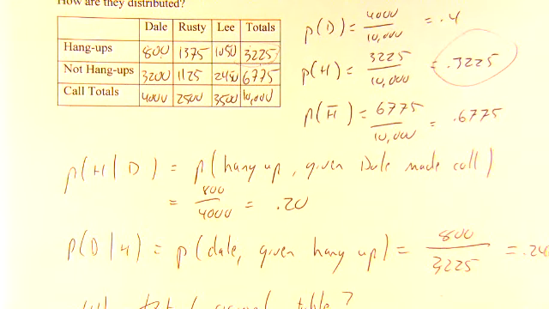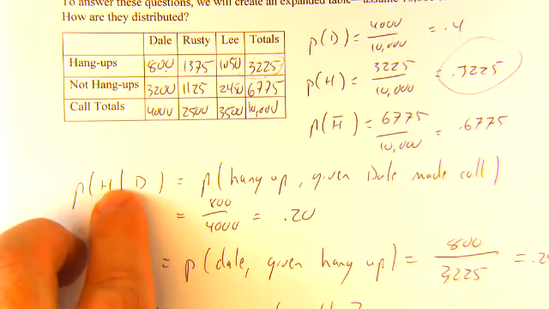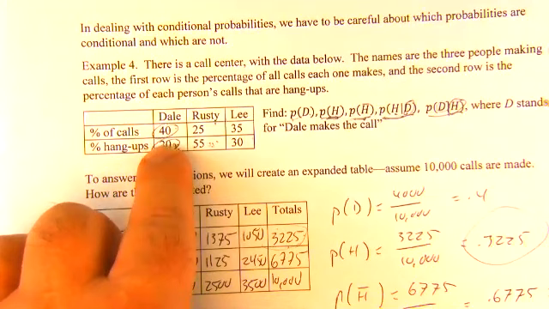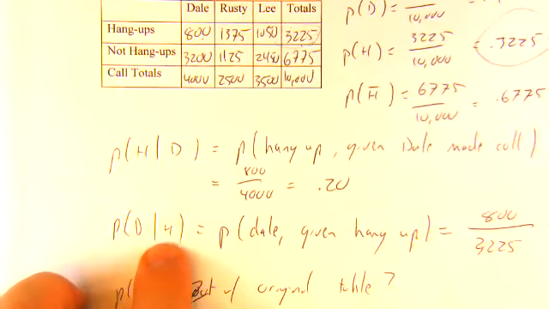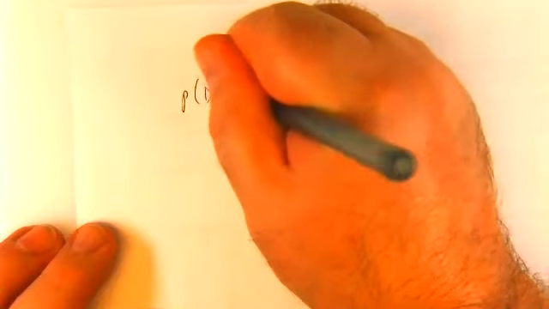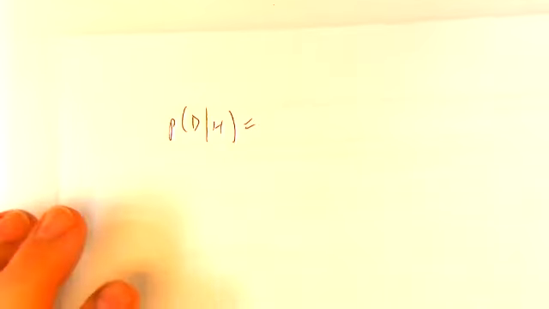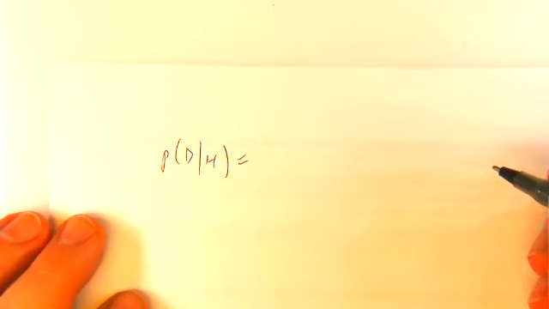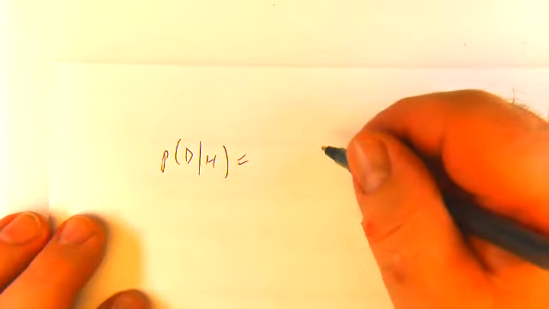Okay, so this number, probability that there was a hang up given that Dale made the call, that's just this number straight up, 20%. Probability that Dale made the call given that there was a hang up, well, that's this. So probability that Dale made the call given that there was a hang up, how do you get that from the original data?